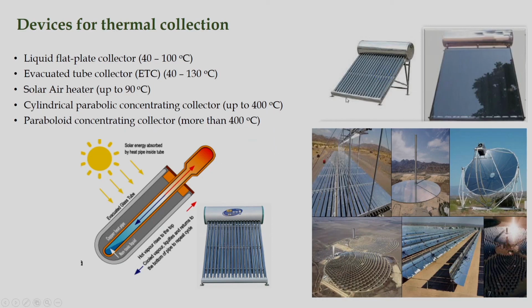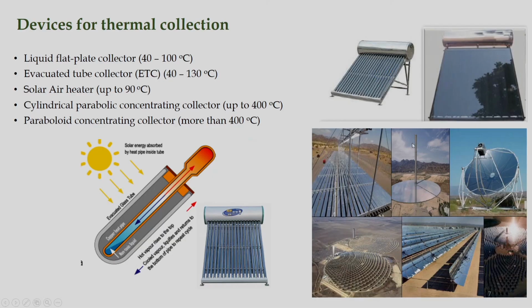You can see different photographs here. This part is a chimney, one chimney is here. This is known as a solar chimney power plant. This is the chimney height, normally close to 200 meters, a very tall structure, and there are very few such power plants in the world.